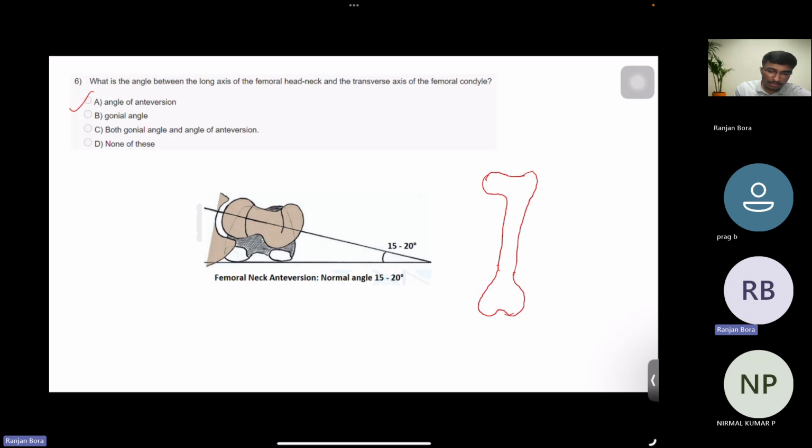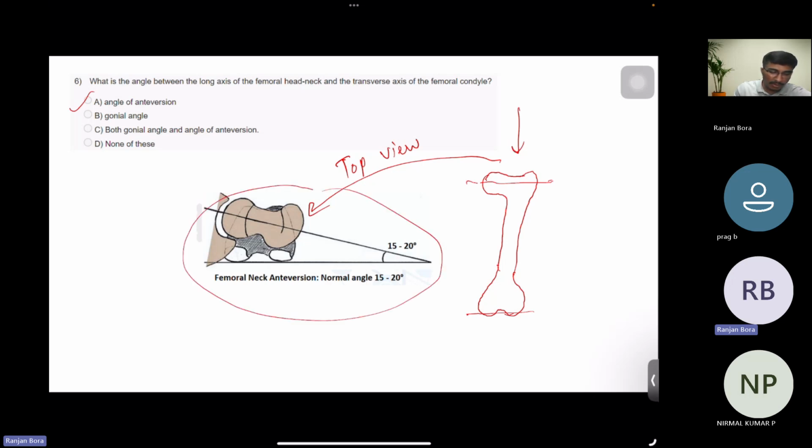This view is the top view, and this is the front view. So this angle is between the long axis of the femoral head neck and the transverse axis of the femoral condyle. If we look at this femur from the top, we get this type of view, and this angle is called the antiversion angle.